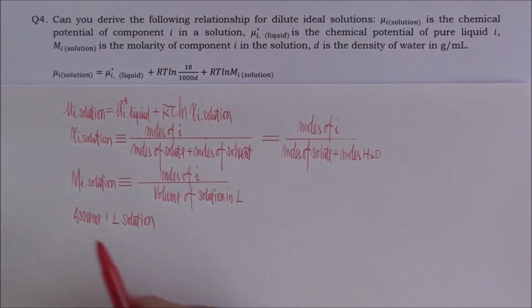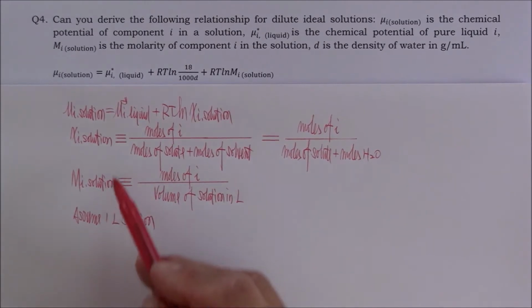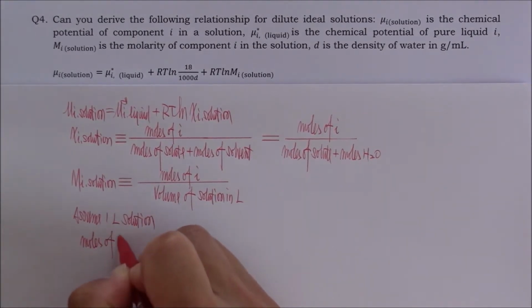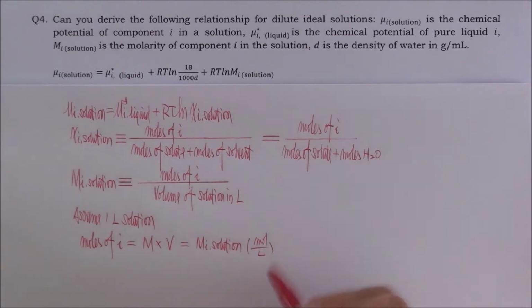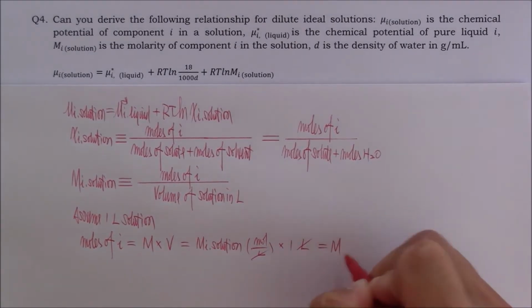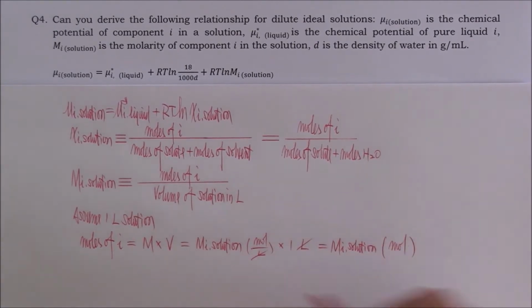If we assume 1 liter solution, we can calculate the moles of component I from the definition of molarity. I put the unit inside the parenthesis. Then liter will cancel. We can get MI solution moles of solute I. Let me put the unit inside the parenthesis.